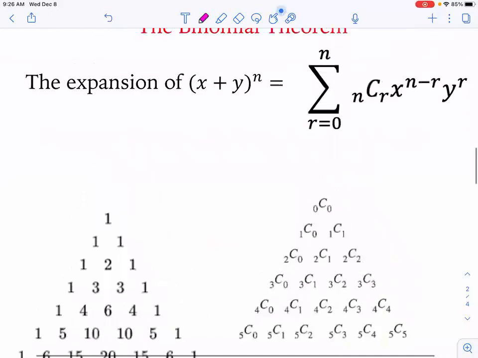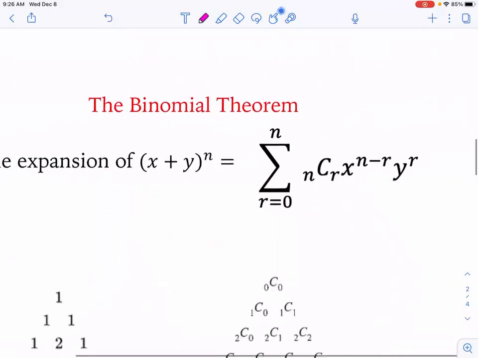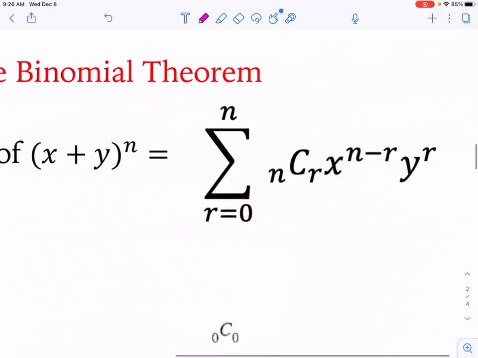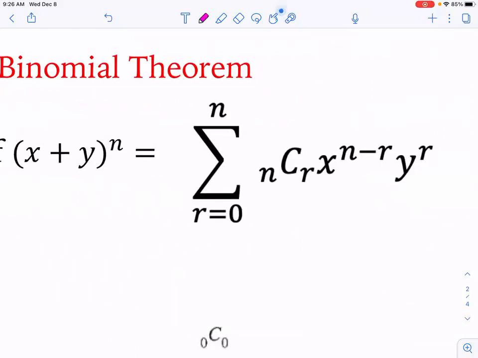Okay, so what's going to happen is that when we expand a binomial, we are going to start with n, and that comes from right here. Okay, n combinations of 0, x to the n, y to the 0.